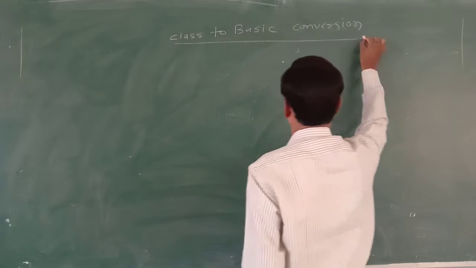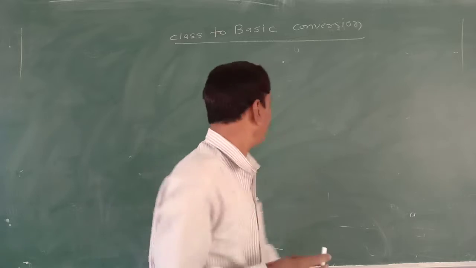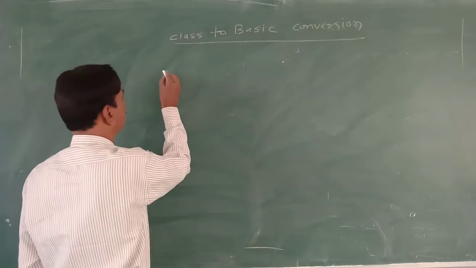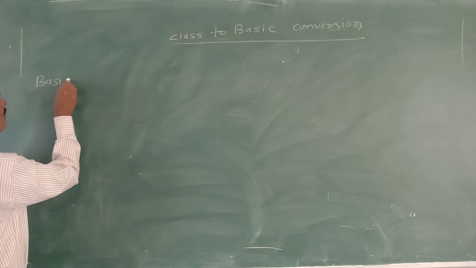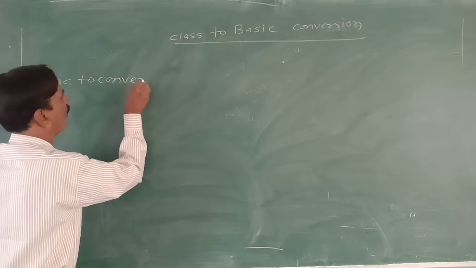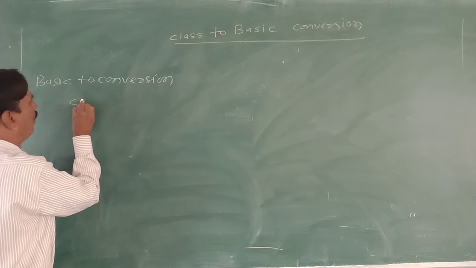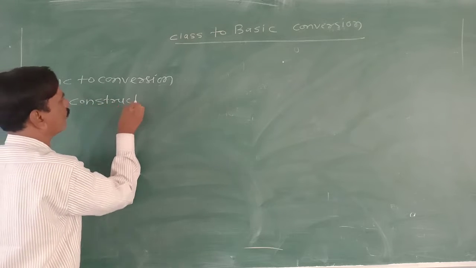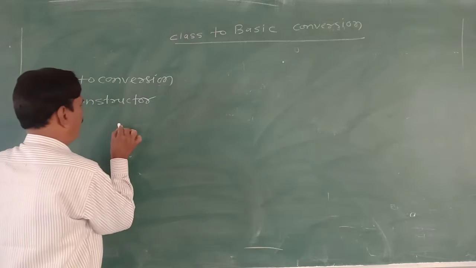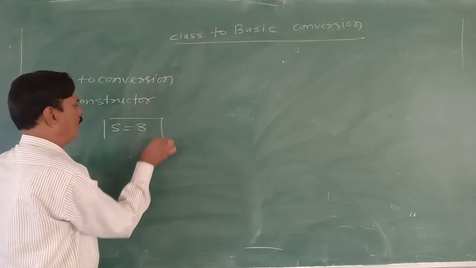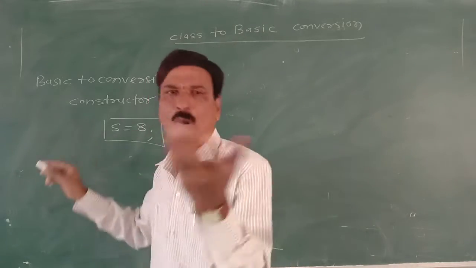Now, class to basic conversion is accomplished by a casting operator, as we have seen. Basic to class conversion is accomplished by a constructor. For example, here c is equal to 8. 8 is a basic value that you are trying to assign to s, where s is the object.